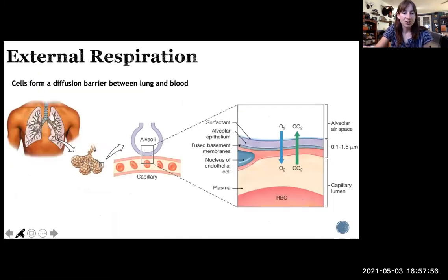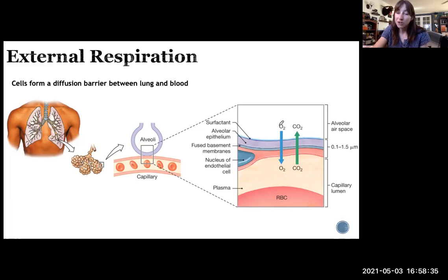All right, so here's another picture showing you pretty much the same thing. We've got the alveoli, or an alveolus here. We've got the epithelial cells that form that blood-air barrier, right, in between the air and the blood. And in between these two basically single cell thick membranes, oxygen and carbon dioxide must diffuse between the air and the liquid, the gas in the air in the alveolus and the gas in the liquid in the blood, respectively.